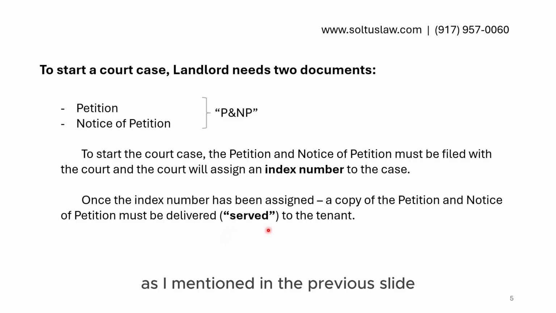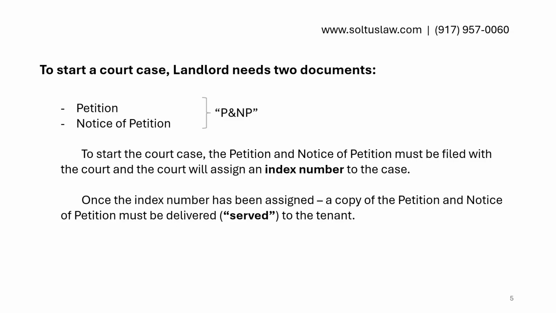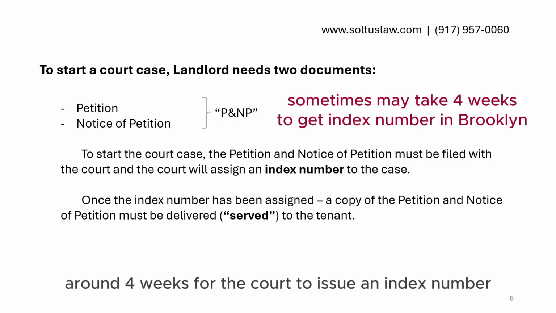As I mentioned in the previous slide, there are a whole set of rules on how the legal papers should be served, and the full explanation of those rules is on my website. I also would like to mention that in my experience in Brooklyn, sometimes it took around 4 weeks for the court to issue an index number.